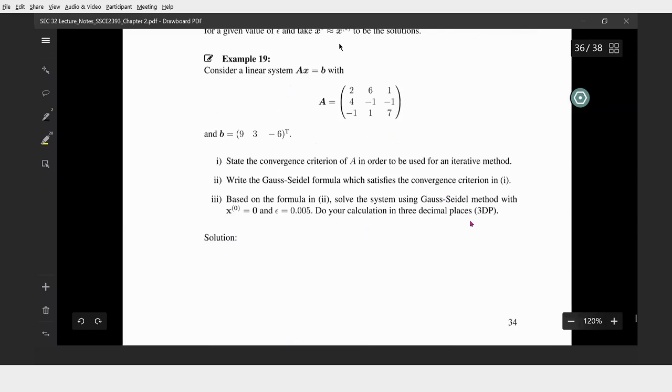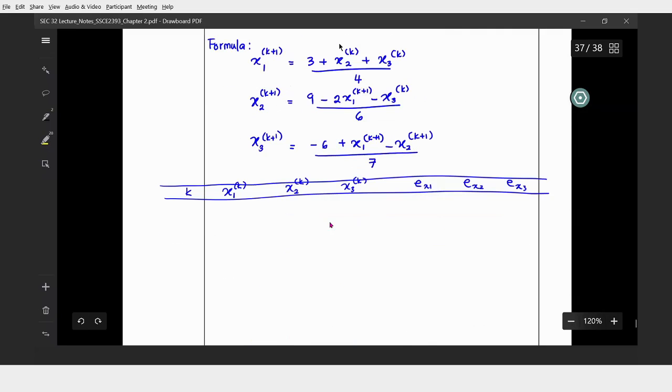Use 3 decimal. So highlight: do your calculation in 3 decimal places, with initial value 0, 0, 0 and stopping condition 0.005. So k equals 0 at the first place. The initial is 0, 0, 0. For the error, you don't have it yet.